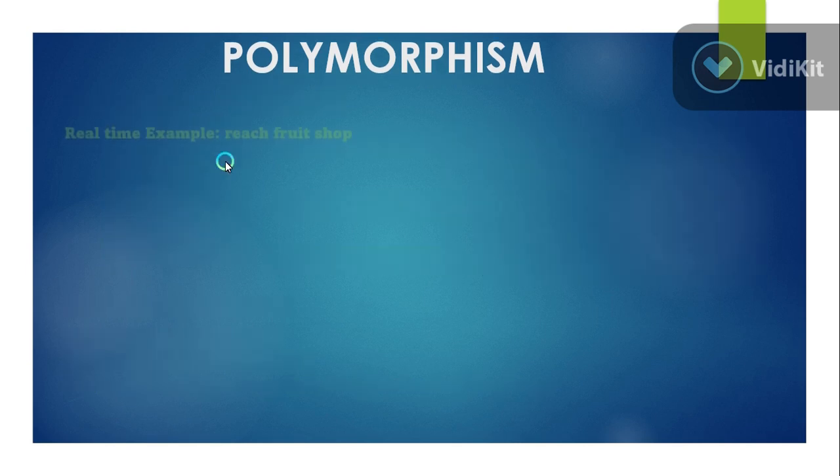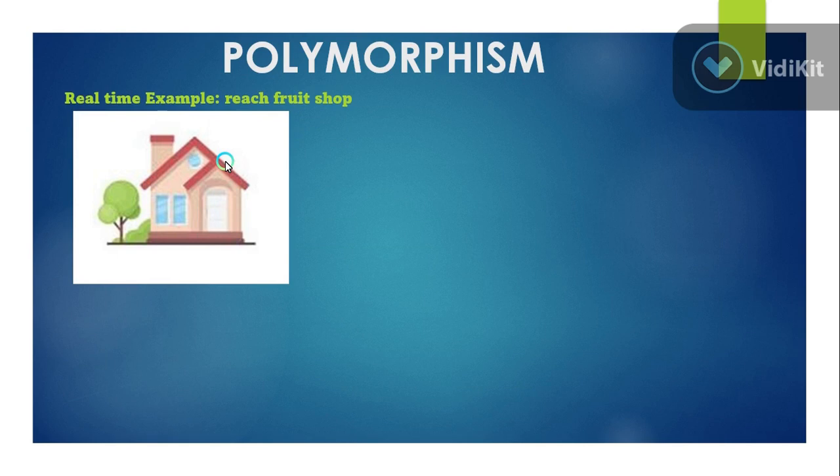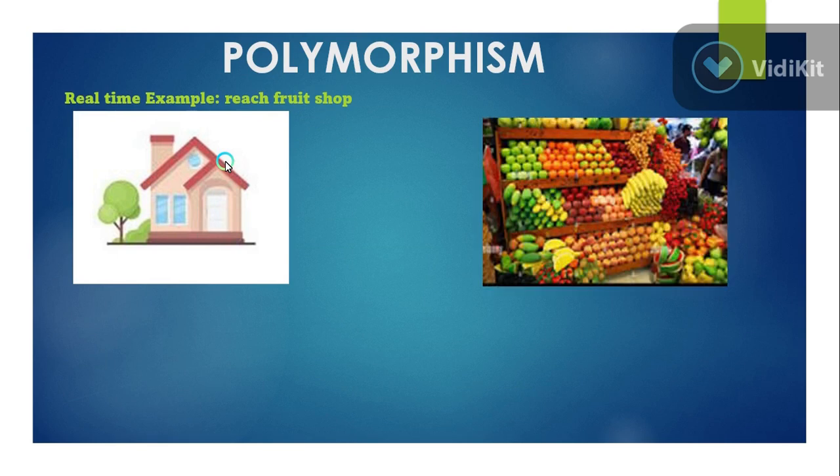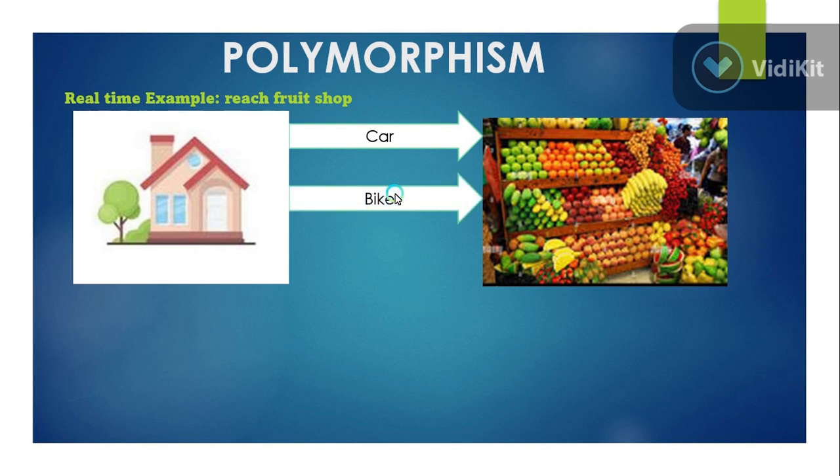Let us see one more example, then you can get more confident on this polymorphism concept. I want to reach the fruit shop from my home. Here the action is reaching, but I can do it in many ways. How? I can go by car, by bike, or by walk.